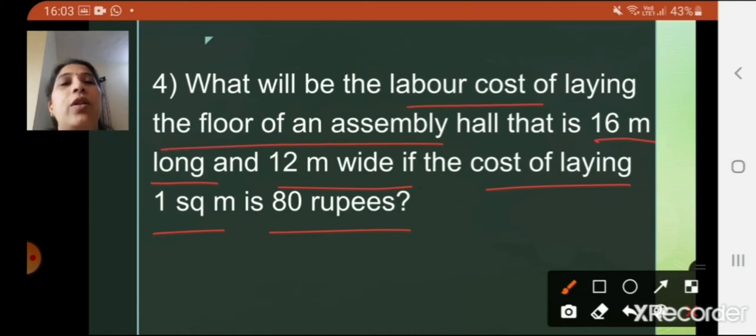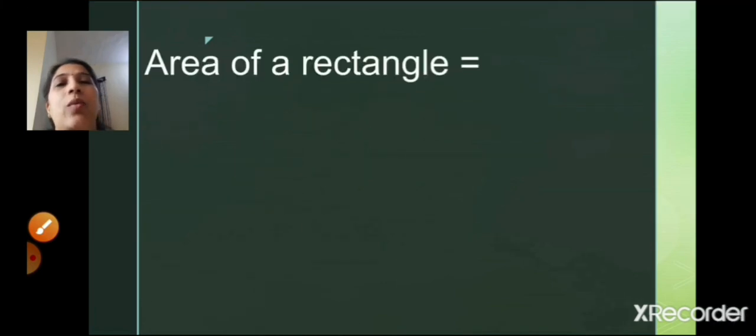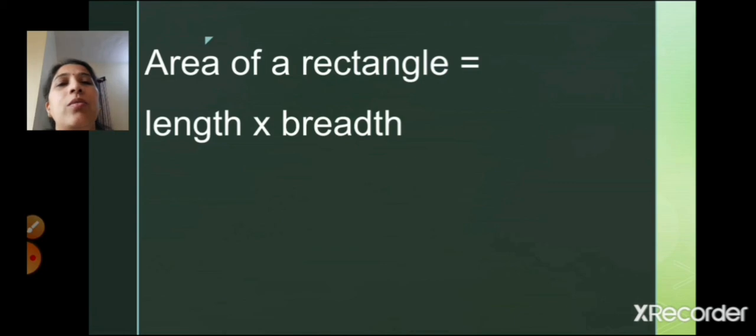So what we will do, area of the rectangle first we will find out, and whatever area we get, that we are going to multiply it by 80, right? So we will get the total labor cost. So let's start. Area of a rectangle is equal to length into breadth. So what is the length? Length is 16 and breadth is 12, right?